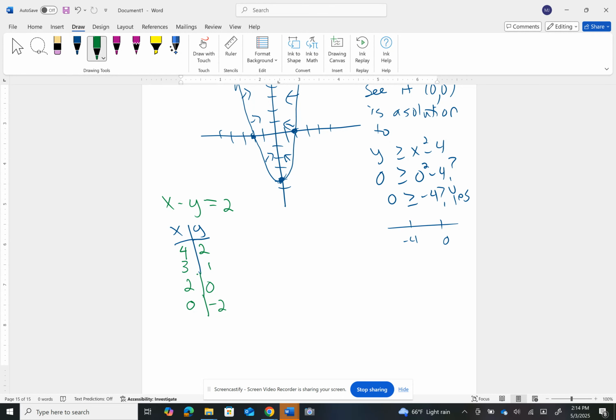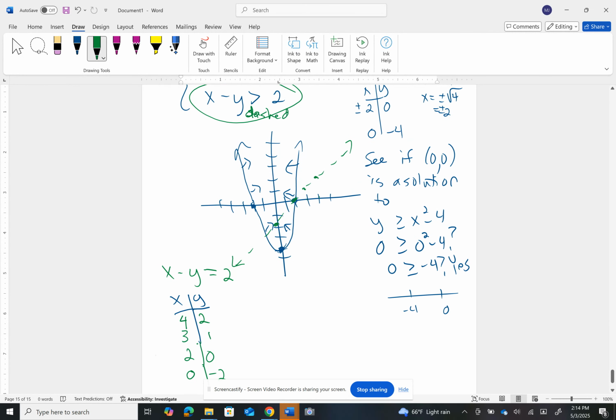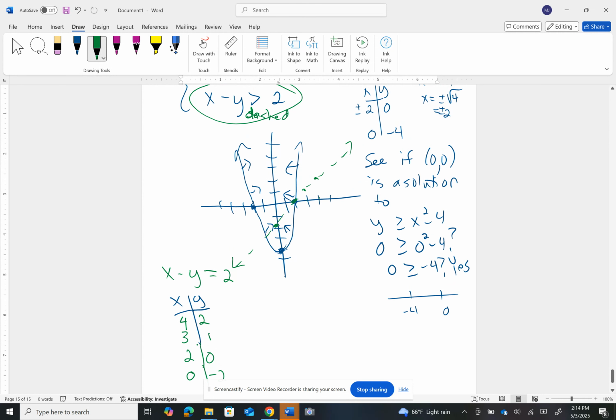So you don't need a bunch of points. You really just need 2, and you're going to graph that. Here's 4, 2. Here's 3, 1. See the trend? There's 2, 0. Here's 0, negative 2. And when I connect them, they're going to be dashed. Before I leave that one, I need to decide whether I need to shade inside or outside.